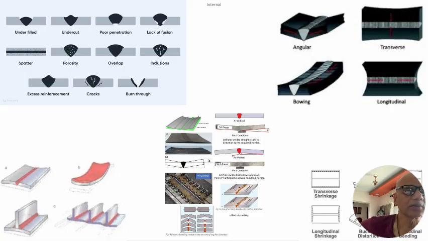The next defect, the last row, excess reinforcement. Now, any reinforcement which is a smooth transition, like a good speed breaker, if we are able to go over it, you hardly feel any jerk or a jump.